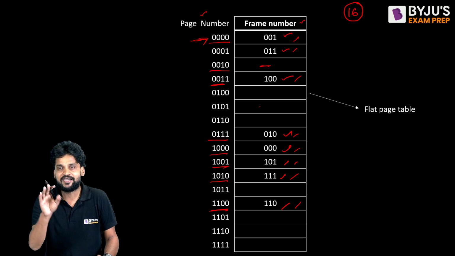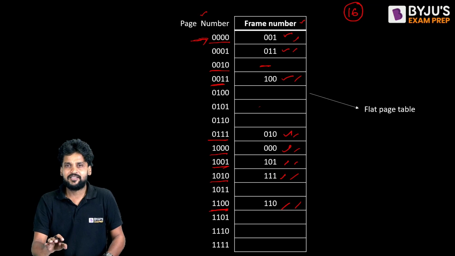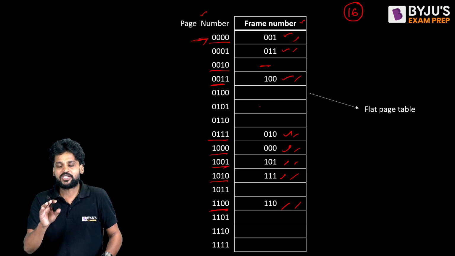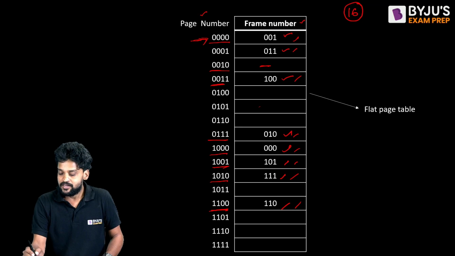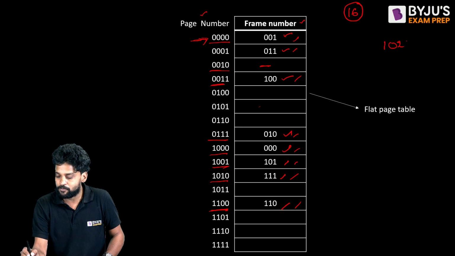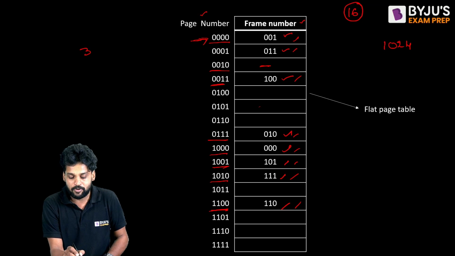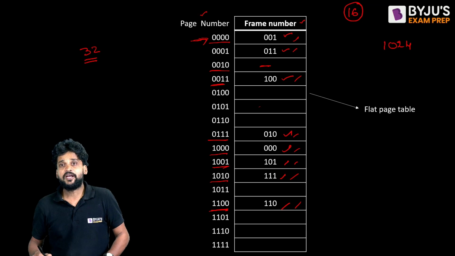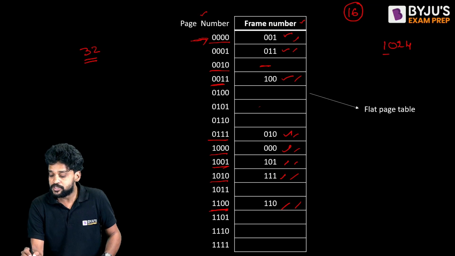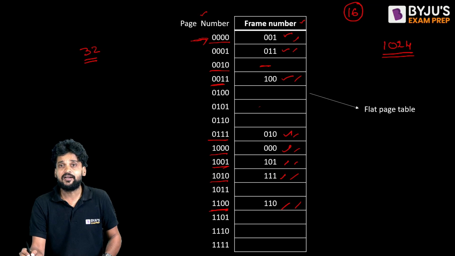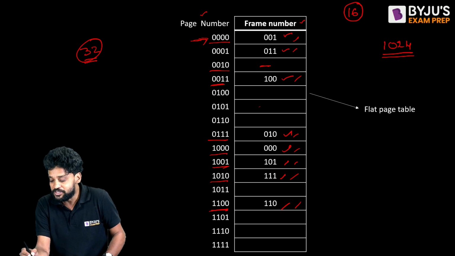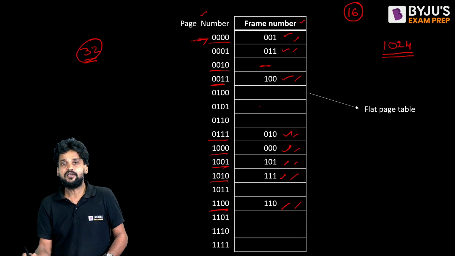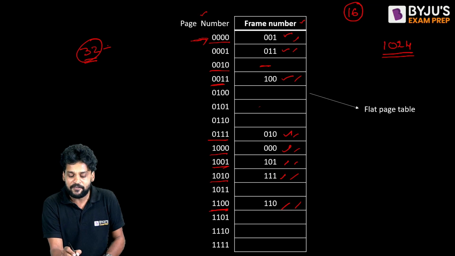Right? Now I'll tell you one more thing. Here we are discussing a simple example. Consider an example where there are a total of 1024 pages and only 32 blocks. Page table entries will be equal to 1024 and the actual entries that will be made are only 32. The page table needs to have 1024 words and only 32 words will be filled up.